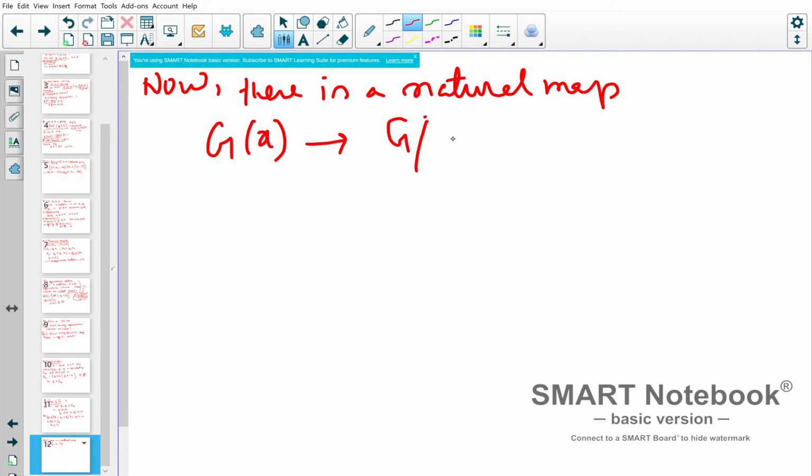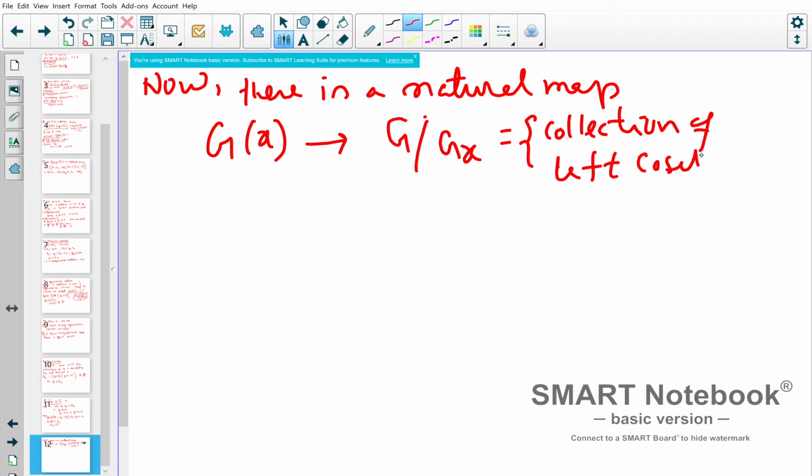So this is the collection of left cosets of Gx in G.